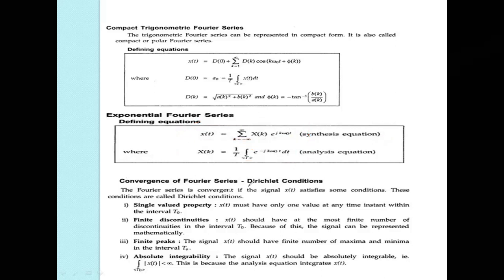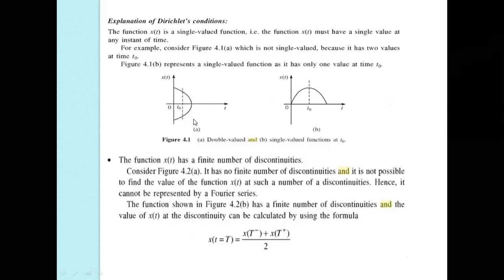The Dirichlet conditions, which are sufficient but not necessary, are: the single valued property, finite discontinuities within the interval T naught, finite peaks within the interval T naught, and absolutely integrable. Single valued property means the function has only a single value at any time. See the double valued x of t signal and the single valued function. Another one is finite discontinuities.